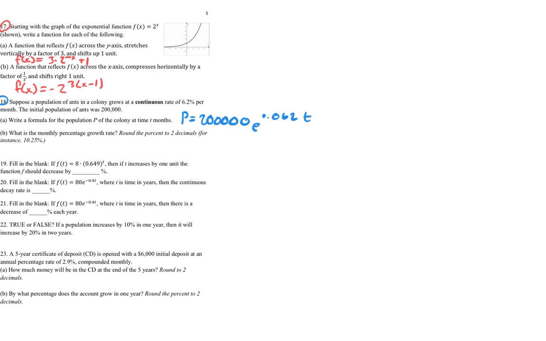So now, what is the monthly percentage growth rate? This is different because here we have our continuous rate. So what we're doing is taking the formula that we're given here, and we want it to be in this other form.